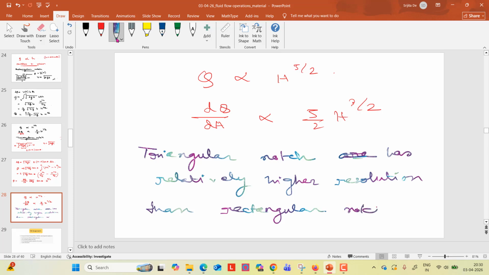From the expression of volumetric flow, you can understand this.